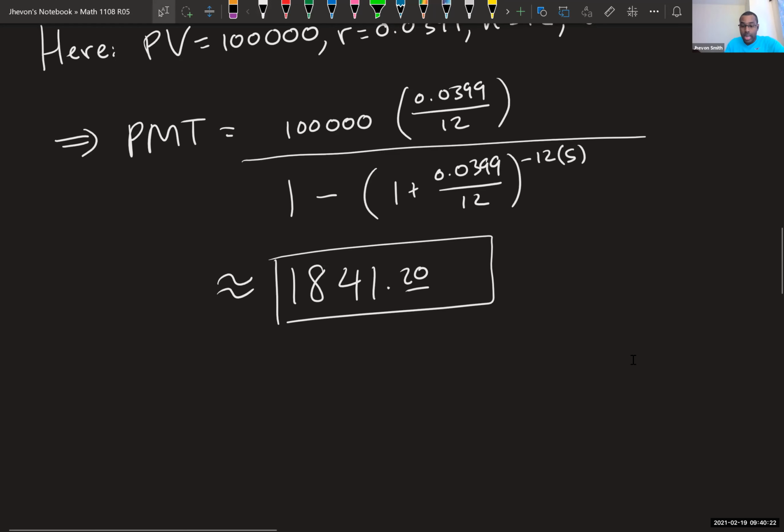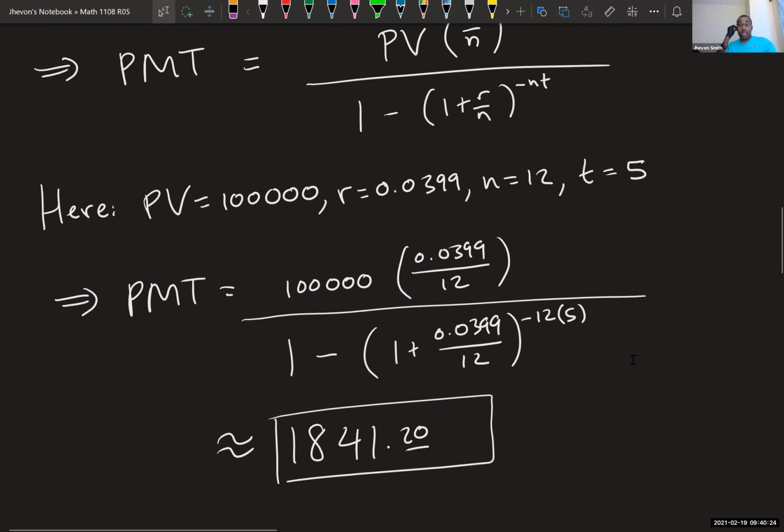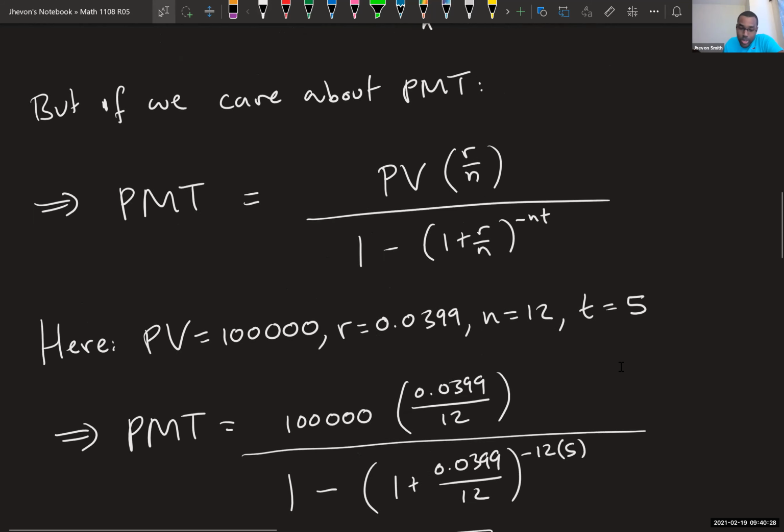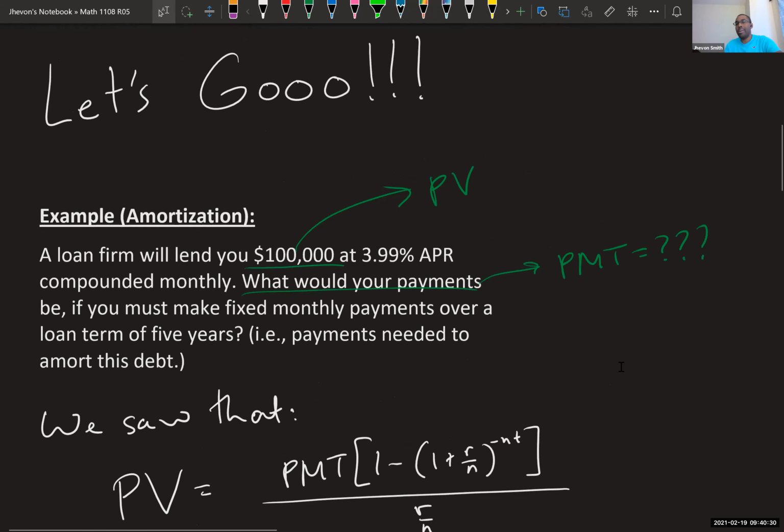But yeah, that's how much it's going to cost you to borrow $100,000 at that interest rate. Now, is anyone going to lend you $100,000 at 3.99% APR? Chances are no. If you're kind of like a nobody with average to poor credit, they're going to hit you with 15, 16, 20% for a loan like that.